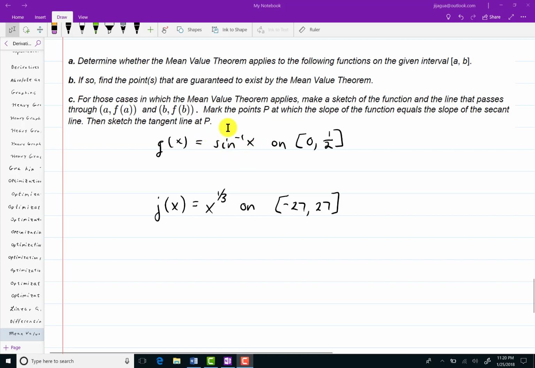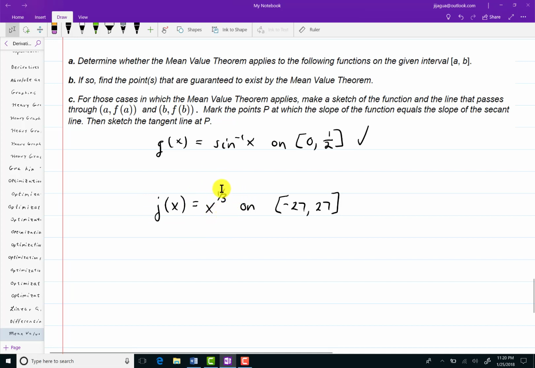Inverse sine, all the trig functions are differentiable wherever they're defined. So inverse sine is defined for x between -1 and 1, and 0 to 1/2 is certainly within that realm. So that's not a problem here. G of x is going to work for part A. J of x, this is a nice continuous function.